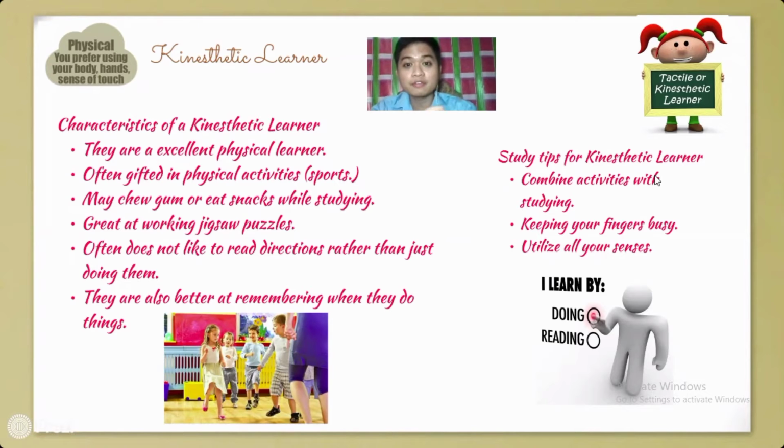That is one of their teaching styles as well, to make students remember the lessons. The study tips for kinesthetic learners are to combine activities with studying. Keep your fingers busy and utilize all your senses, because they learn by doing and they cannot learn by reading alone.